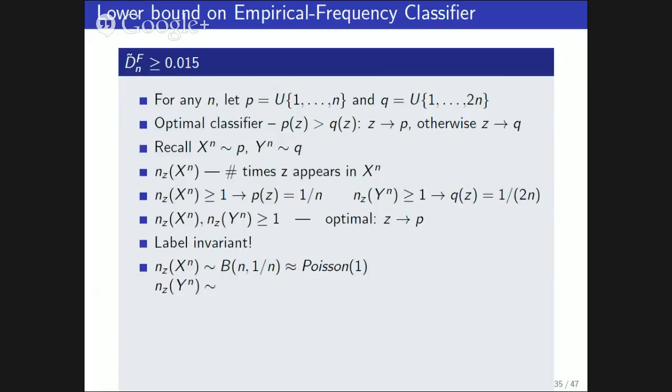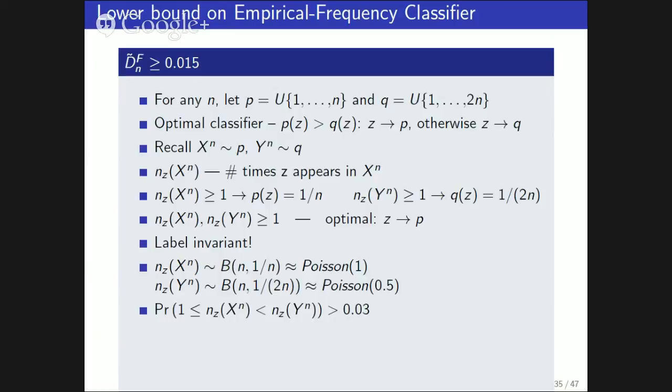On the other hand, if I look at the distribution of the number of times z appears in yn, it's binomial n and 1 over 2n, right? Because z is some number, and y is generated from 2n numbers. So the probability that z will appear at each draw is 1 over 2n. So it's binomial this, which is Poisson 1/2.